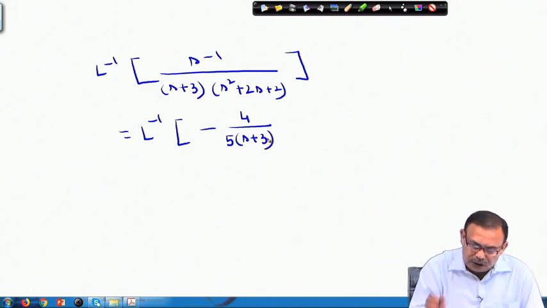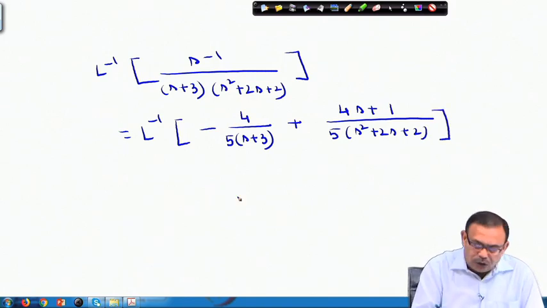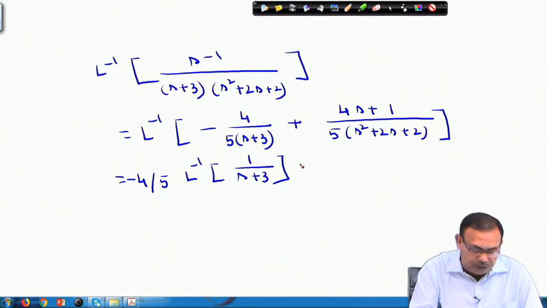Again I am skipping this one; we have done this in the case of differential equations also to find the solution, and 5 into s square plus 2s plus 2 we are writing. So, now this I can write as 4 by 5 can come outside, Laplace inverse of 1 by s plus 3, whose Laplace transform you know, plus 1 by 5 Laplace inverse of this.